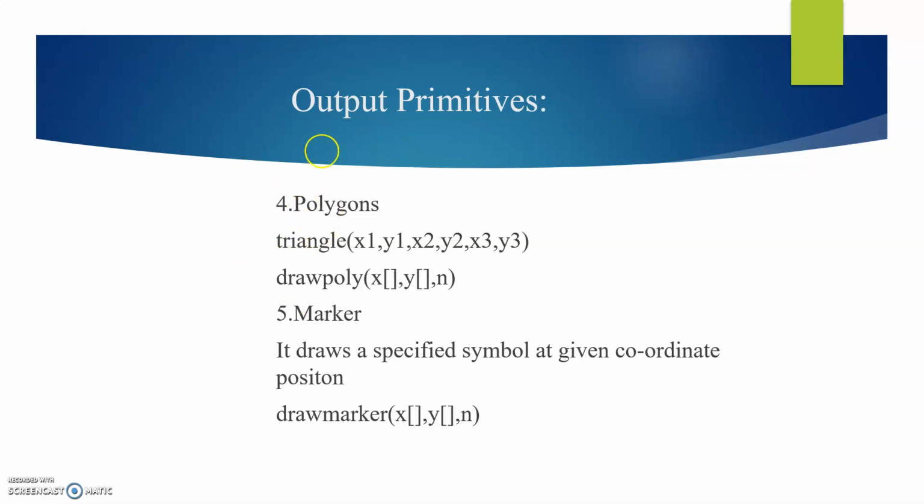Consider this command draw poly and then x open square bracket close square bracket comma y open square bracket close square bracket comma n round bracket complete semicolon, where x is array of x coordinates of all line segments. That x open square bracket and close square bracket is called array of x coordinates and y open square bracket close square bracket is called coordinates of y.